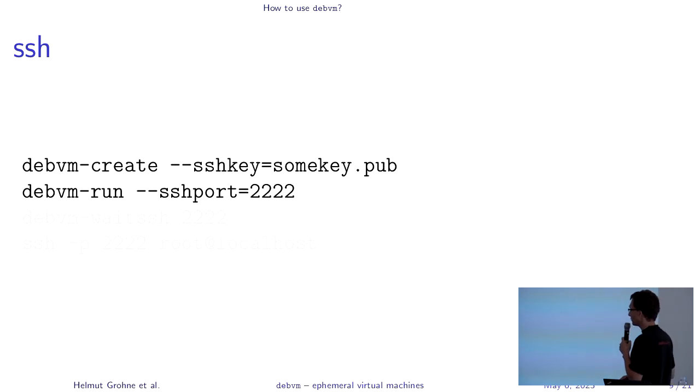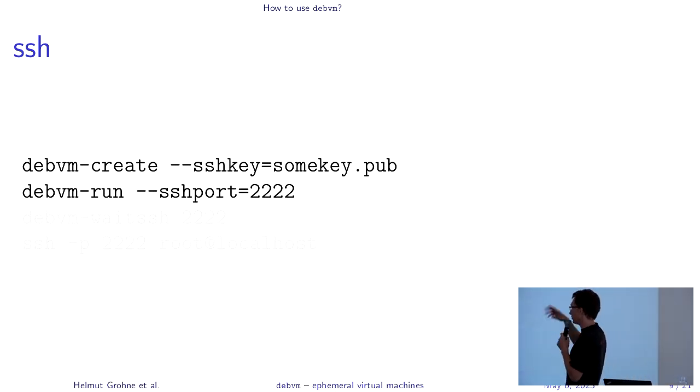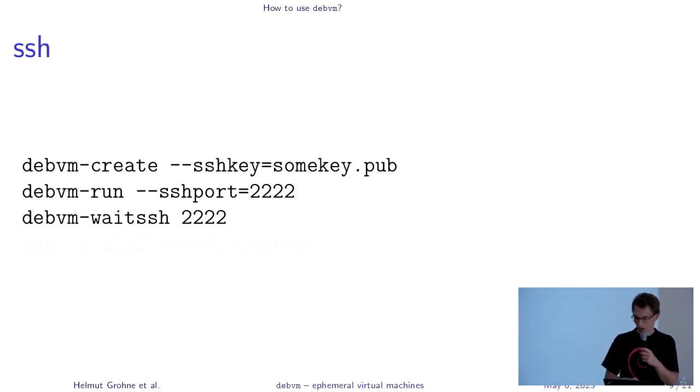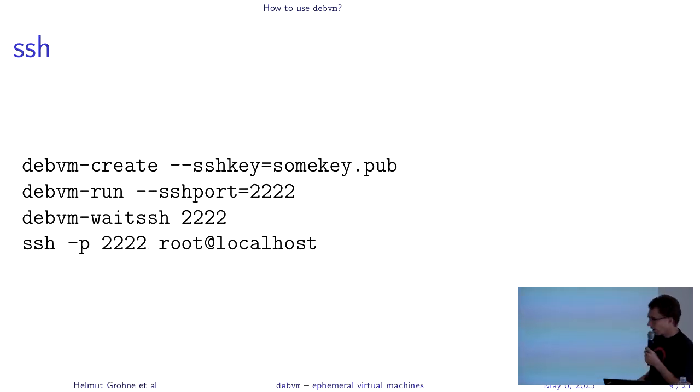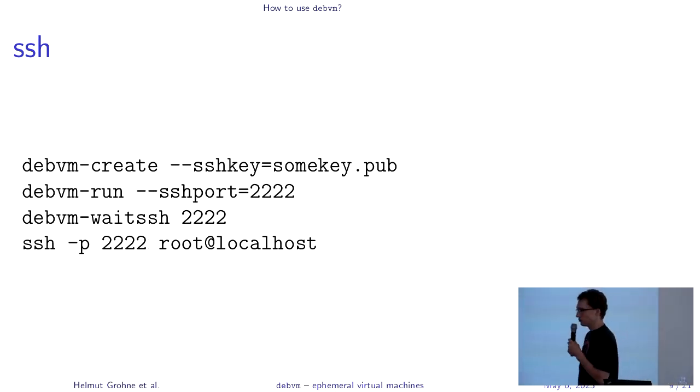Then when you run it, you tell it you want a port for that, and it does this user mode networking by default and forwards this port outside, so you can just SSH into it after having waited for SSH to be ready, which turned out to be not entirely trivial, so it has another wrapper for it. And then you just SSH there and can do whatever you want without typing a passphrase or the like. Hope that solves your use case.